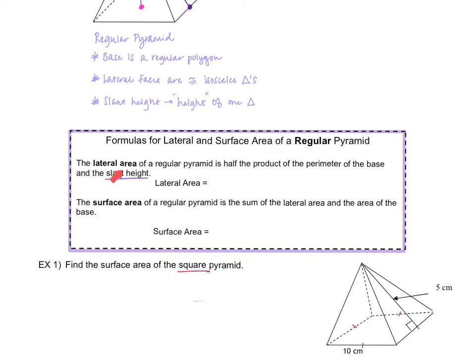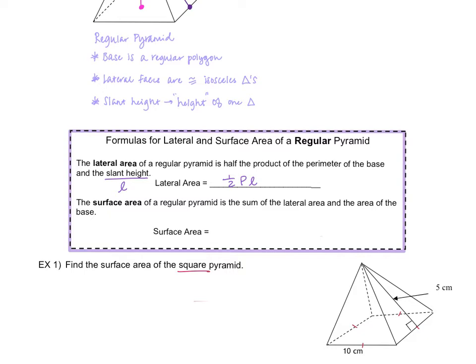The lateral area of a regular pyramid is half the product of the perimeter of the base and the slant height. We're going to use the letter L, a cursive L, for slant height, and write this in words. The lateral area is 1/2 of the perimeter of our base times the slant height L.